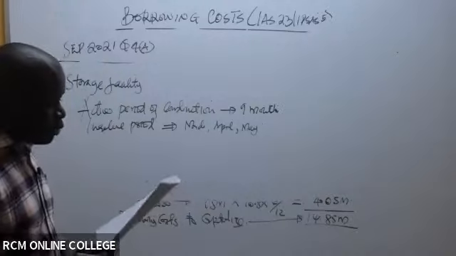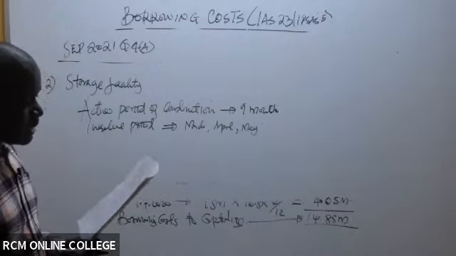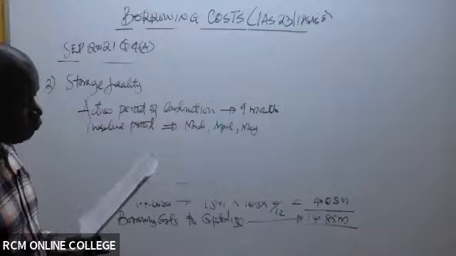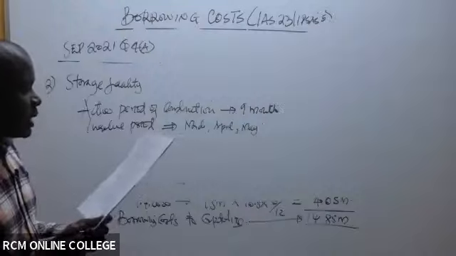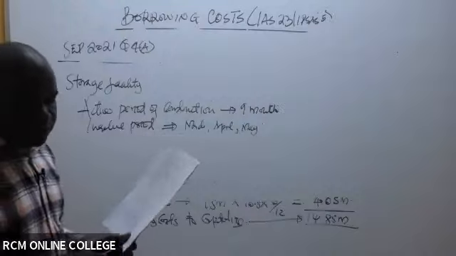So when you are computing the borrowing cost here, we'll take 6% of the amount that was borrowed, which is 60 million. Then we multiply by 9 out of 12.